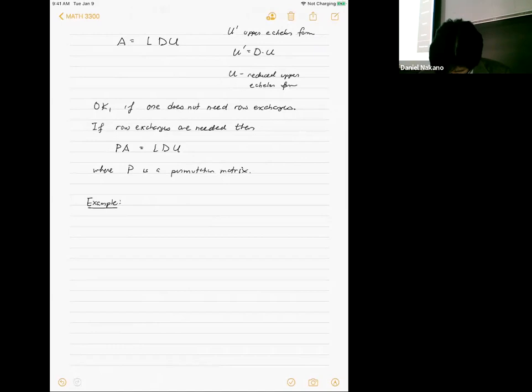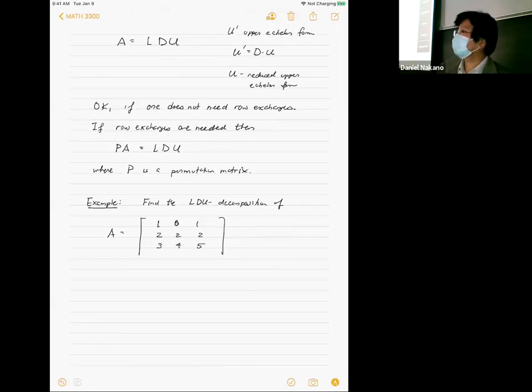Find the LDU decomposition of the matrix A, and the matrix A is going to look like 1, 0, 1, 2, 2, 2, so this is 0 here, and 3, 4, 5.